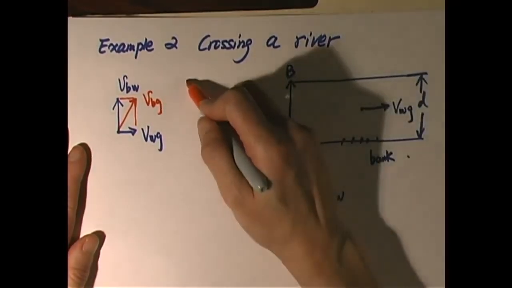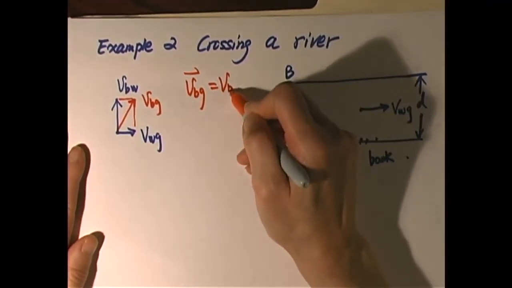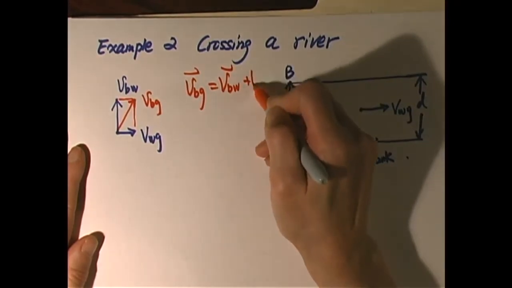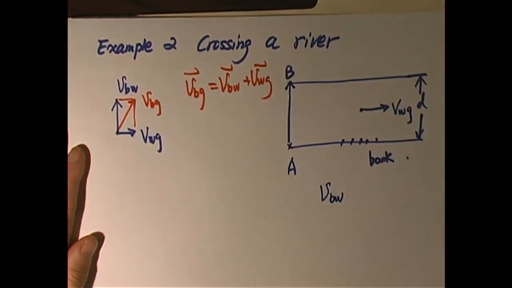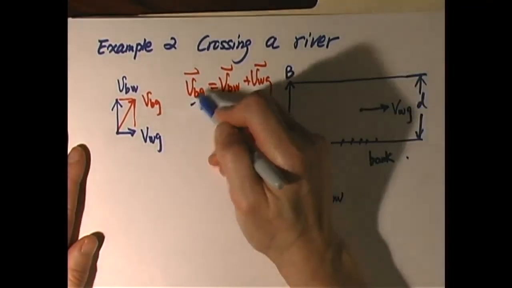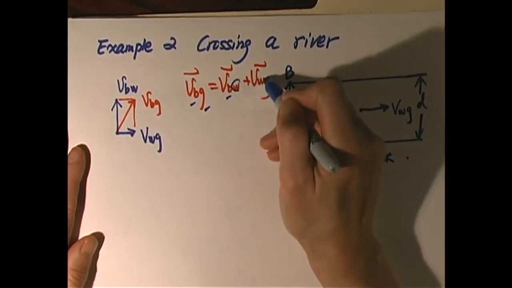Because we learned that V boat to the ground is V boat to the water plus V water to the ground. This is the equation for relative motion: boat is first, ground is last, and water is in the middle.